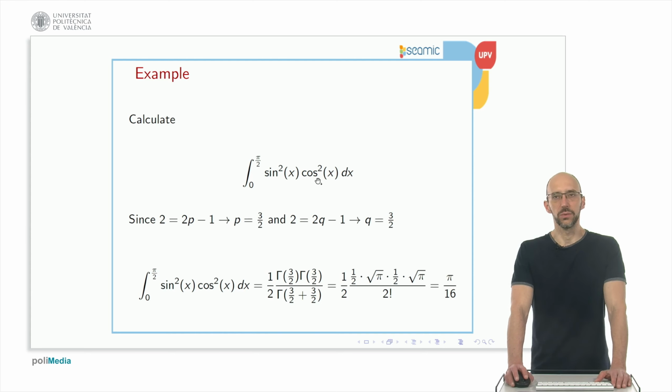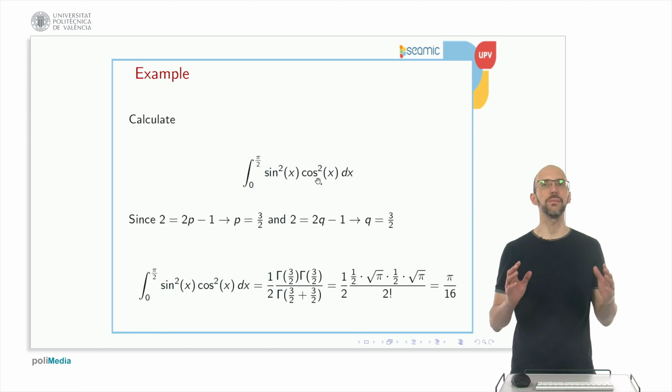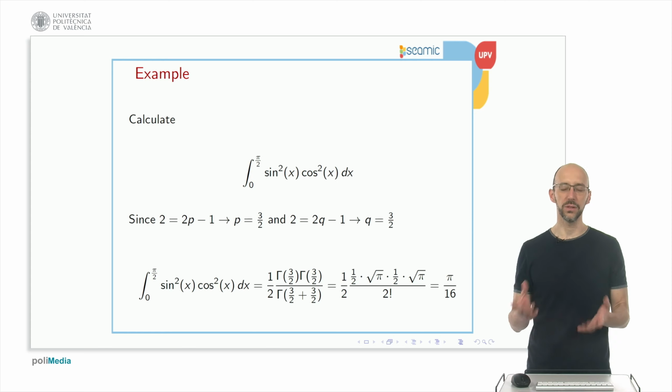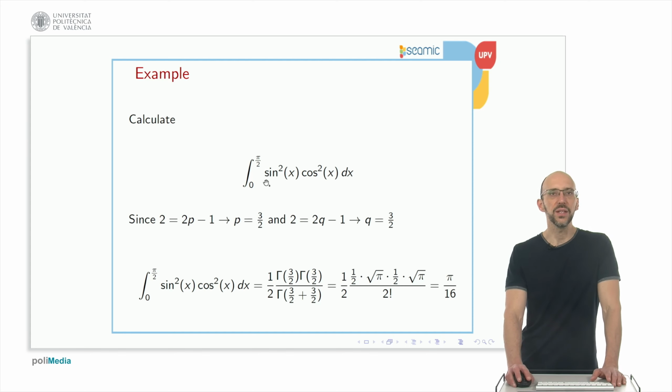Okay, it's not difficult. Come on, another example. Sine squared, cosine squared. The same shape, the same form. The only thing you need to know is p and q. What is the value for p? If this exponent is 2, it should be 2p minus 1, then it's easily obtained that p equals 3/2.